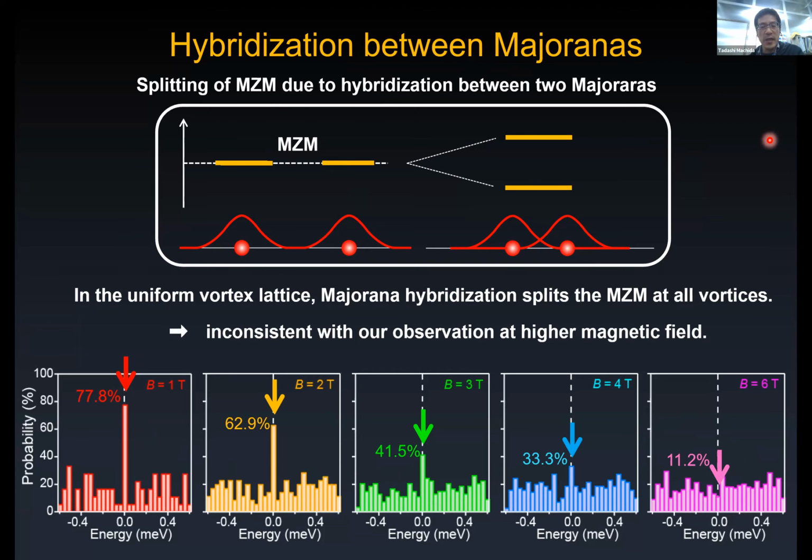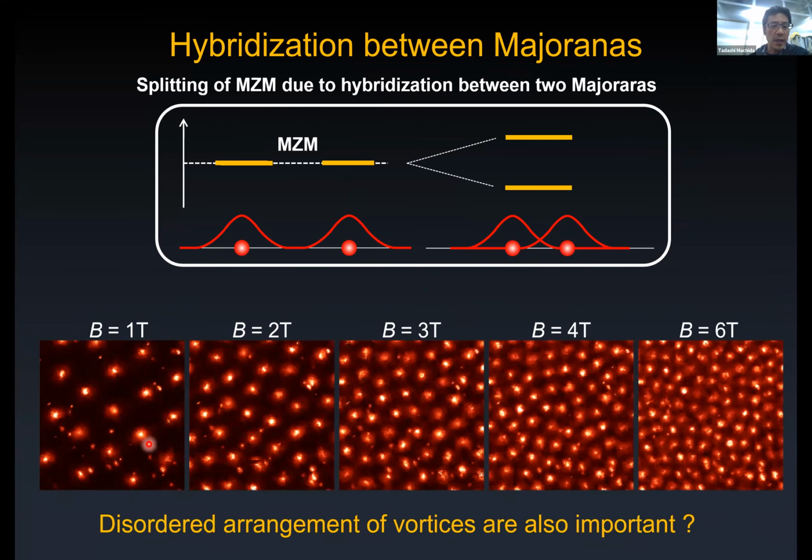Okay, so if we take a look carefully at the observed vortex arrangement, the vortex arrangement in all of the magnetic fields is quite disordered, especially for the higher magnetic fields. So therefore, we speculate that not only the hybridization between the Majorana quasi-particles, but also the disordered arrangement of vortex cores are important factors to explain our experimental results.